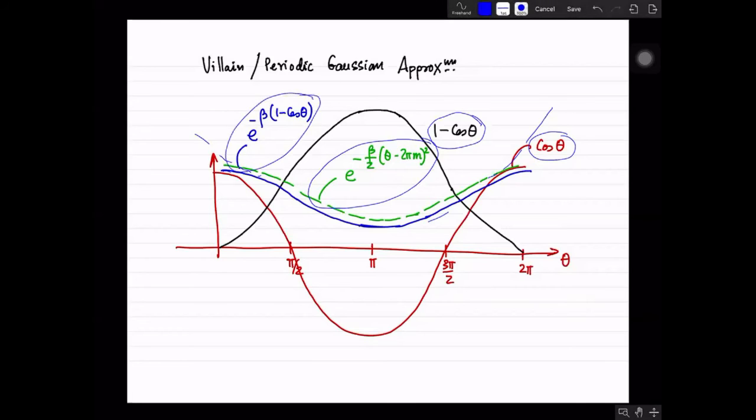One can do this Bessel transform and try to find the leading order corrections, but that's the motivation: you change the potential, the Hamiltonian, softly, such that you don't change the physics.